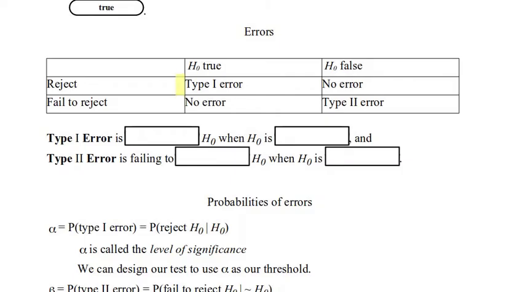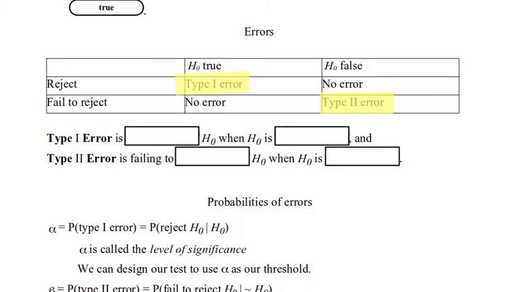We can reject the null hypothesis when it is true, or we can fail to reject the null hypothesis when it is false. Now, the other 2 cases are fine. If I fail to reject the null hypothesis and it's true, there's no error. If I reject the null hypothesis and it's false, there's no error. So there's only these 2 errors.